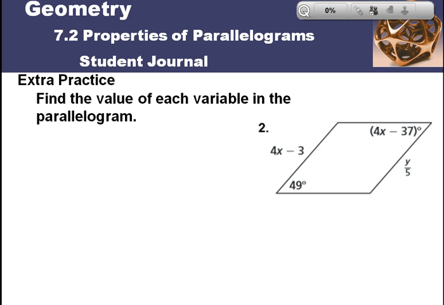I can say that 4x minus 37 is equal to 49. Okay, great. So to solve this, I'm going to add 37 to both sides.